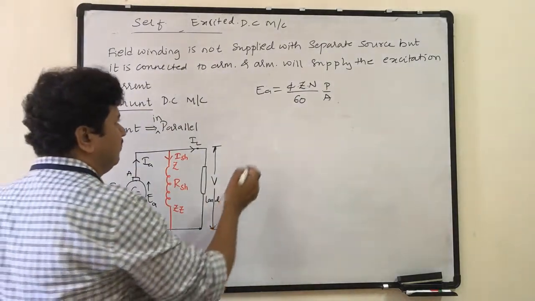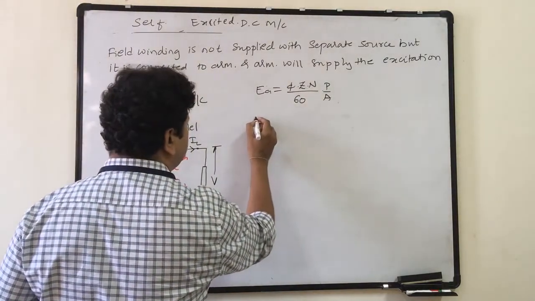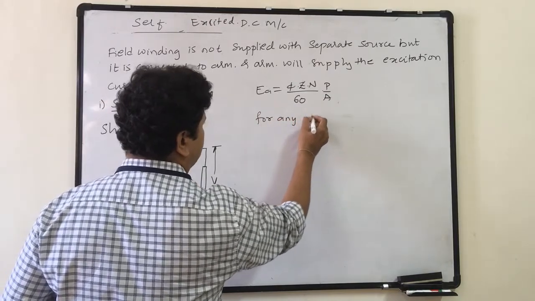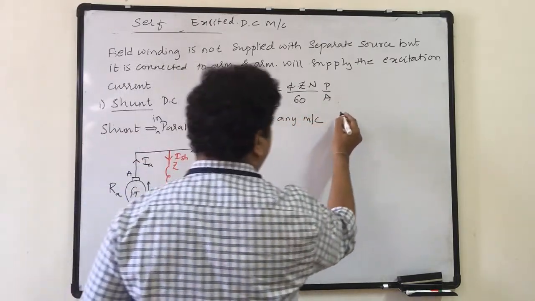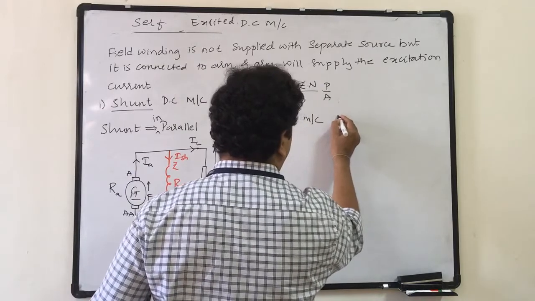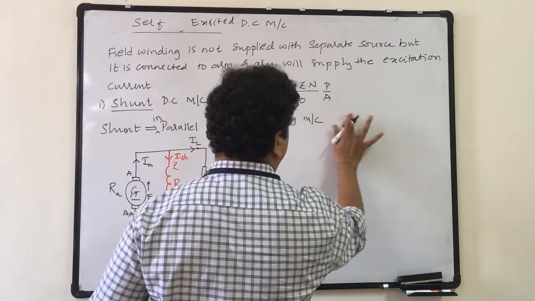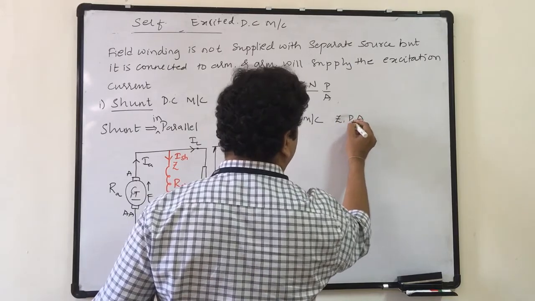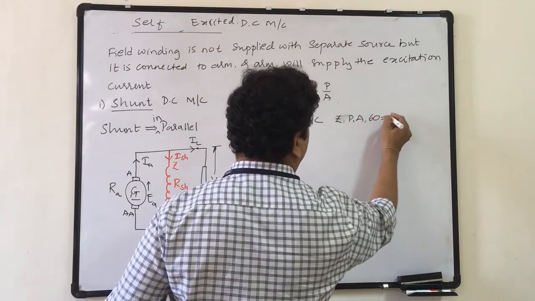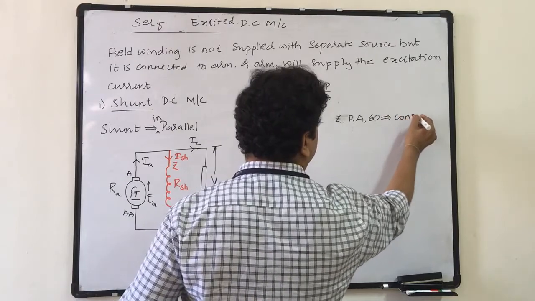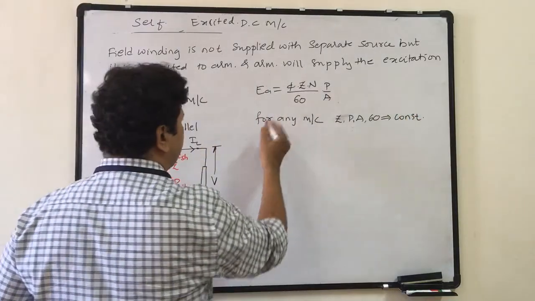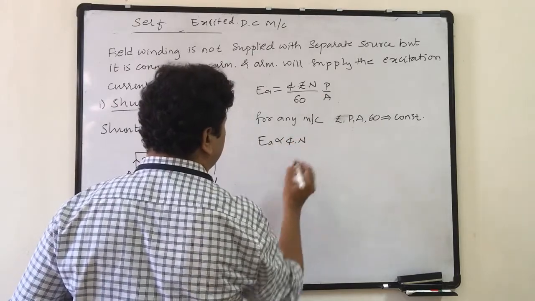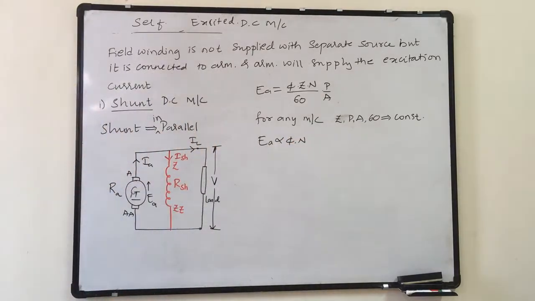So Z, P, A and 60 are constants. Therefore, EA is proportional to phi into n, that is flux and speed.